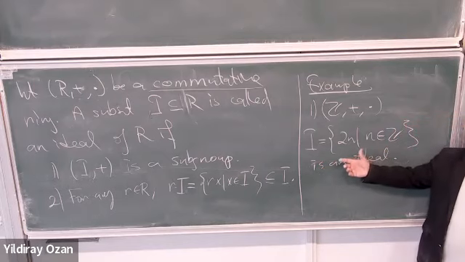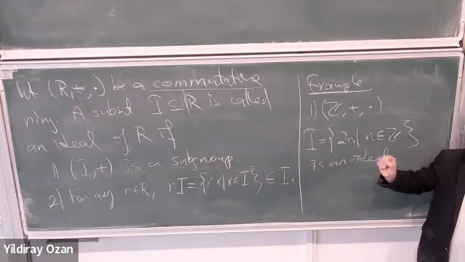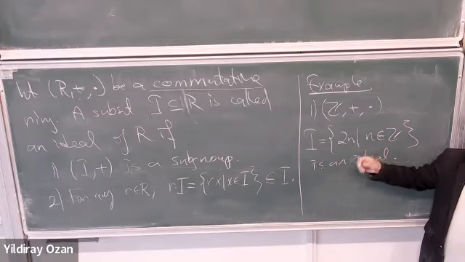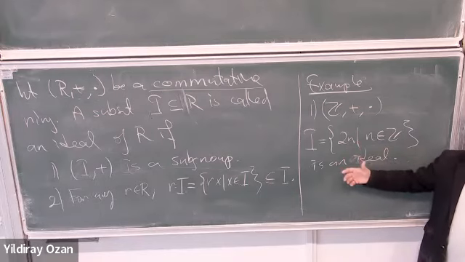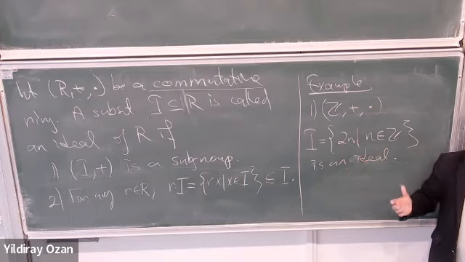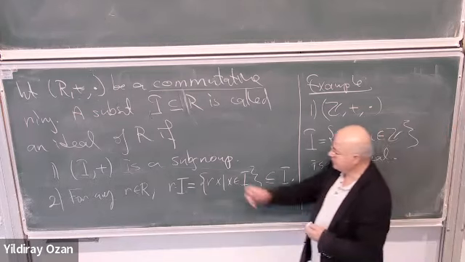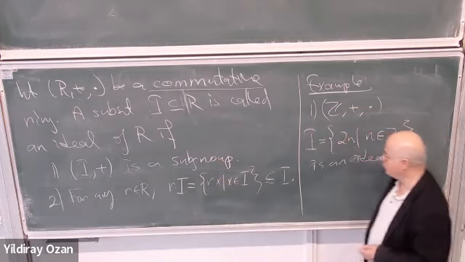Why? Because even integers is a subgroup, right? Sum of two even integers is even. Difference is also even. And if you multiply an even integer with any integer, you again obtain an even integer. So it satisfies both rules.